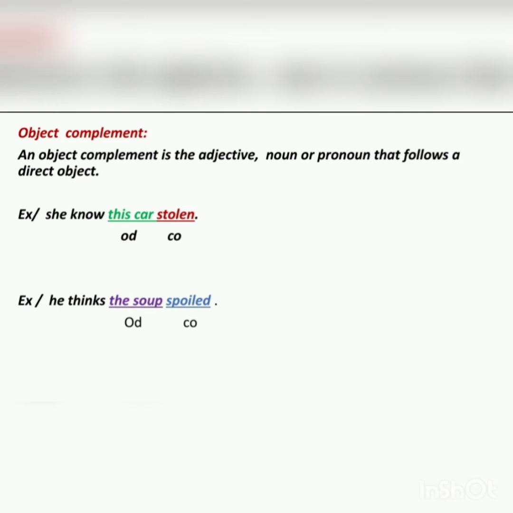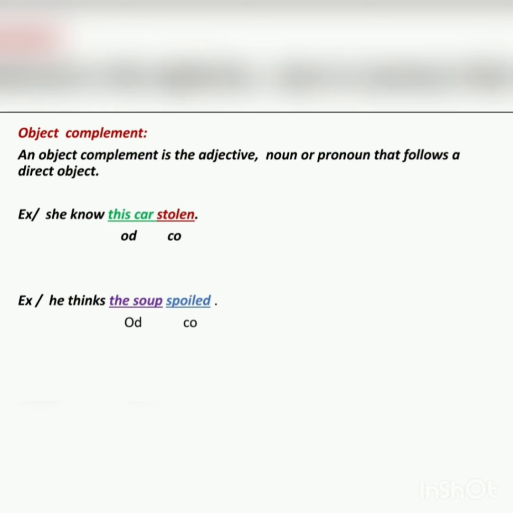Okay, for example, he thinks the soup spoiled. Here in this example, he thinks the soup spoiled. He is the subject, think is the main verb, the soup is the direct object, and spoiled is the adjective.